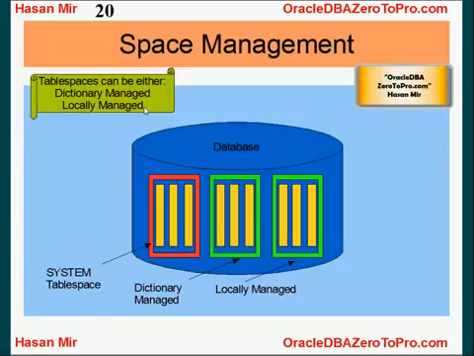The most famous table space is usually called user table space, created so that users can create their objects in it. It can be named anything. So when a table space is created, of course data files are also created along with the table space. Then when you create a table space, you have to decide: is it a dictionary managed table space or a locally managed table space?